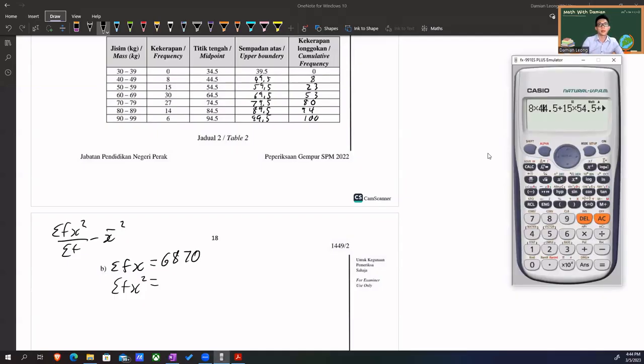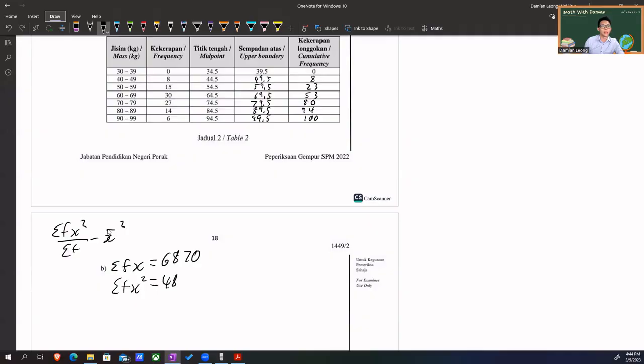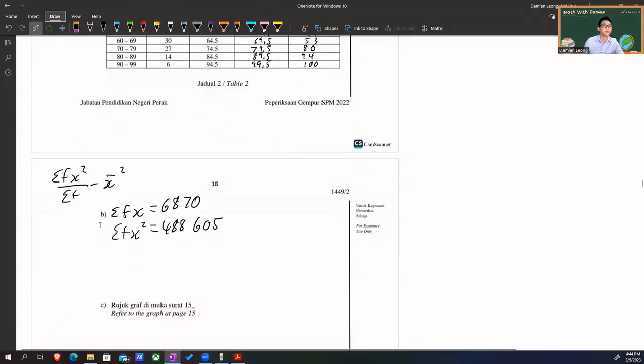Okay. Then I find the sum of fx squared. So 44.5 squared, 54.5 squared, 64.5 squared, 74.5 squared, 84.5 squared, and 94.5 squared. So it's 488,605.